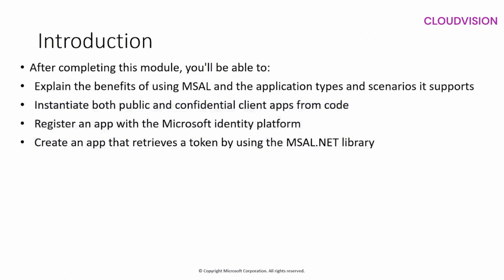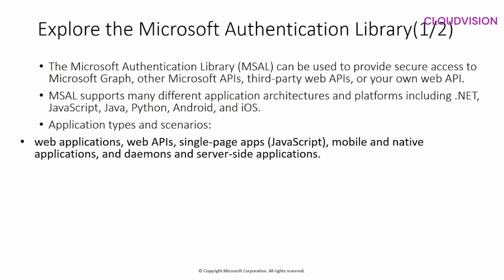First of all, you need to programmatically interact with Azure AD, or Identity Framework version 2. So you need to work with MSAL. You need to install the Microsoft Authentication Library into your application. The Microsoft Authentication Library can be used to provide secure access to Microsoft Graph, other APIs, and third-party APIs.